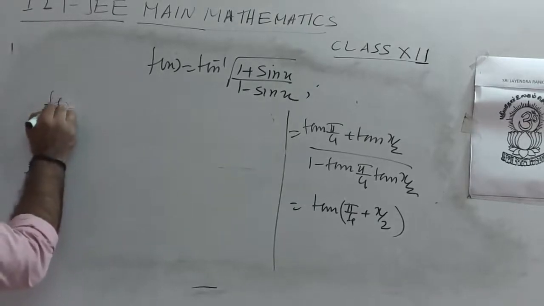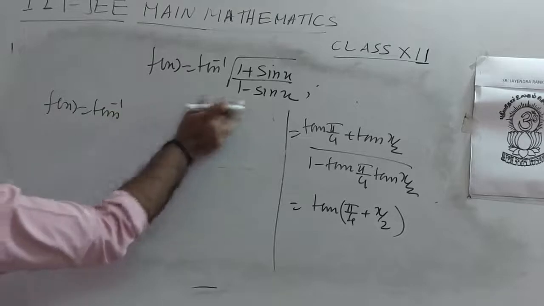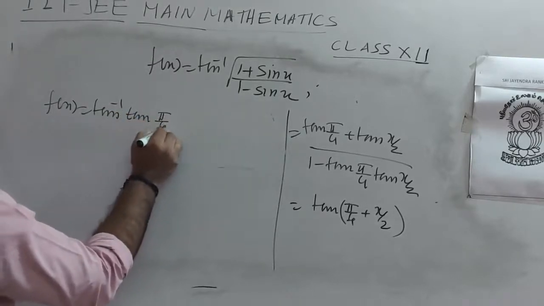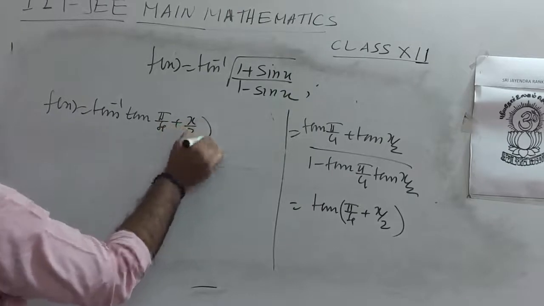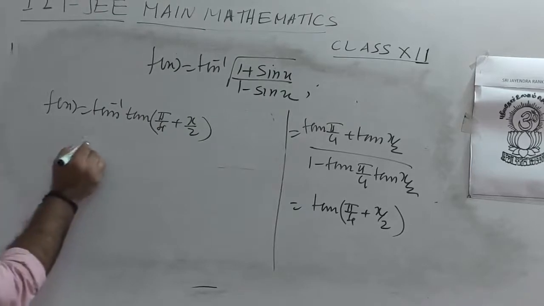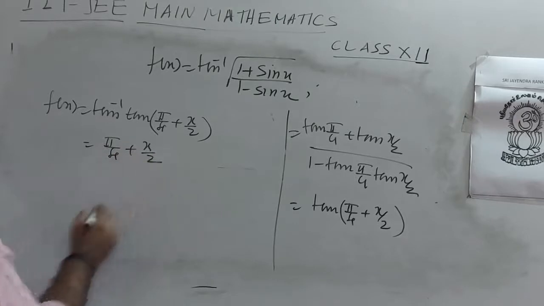So f of x equals tan inverse of, in place of this you can write tan inverse of tan(pi/4 plus x/2), which is pi/4 plus x/2.